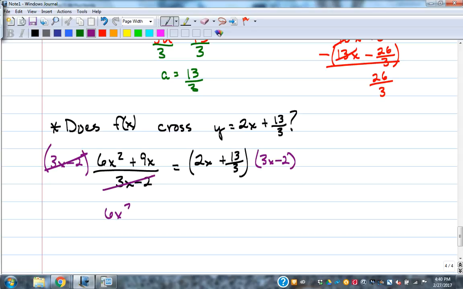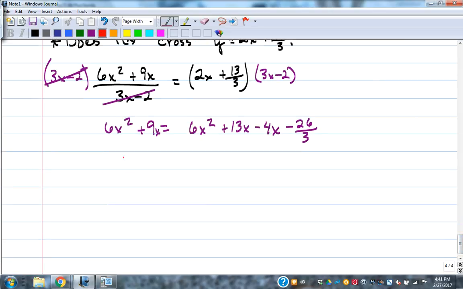So that leaves us 6x squared plus 9x on that side. On this other side, we get 3x times 2x, 6x squared. 3x times 13 over 3 would be 13x. Negative 2 times 2x is negative 4x. And then negative 26 over 3.